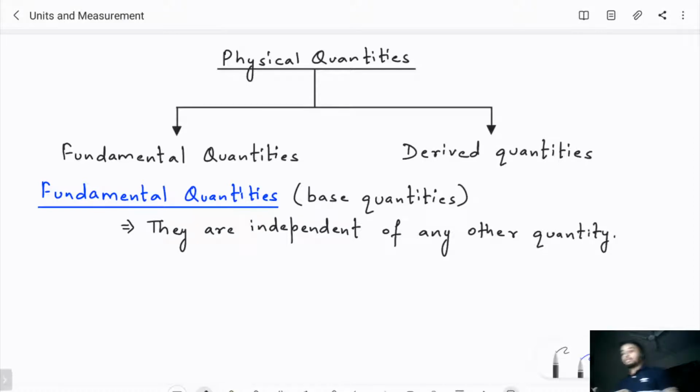There are 7 physical quantities which have been chosen as fundamental quantities.